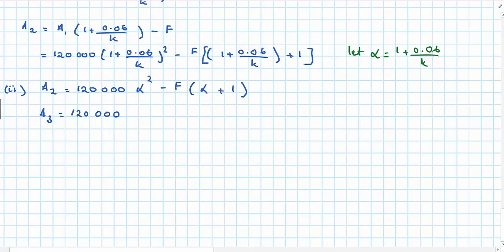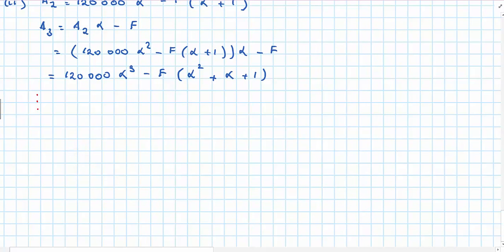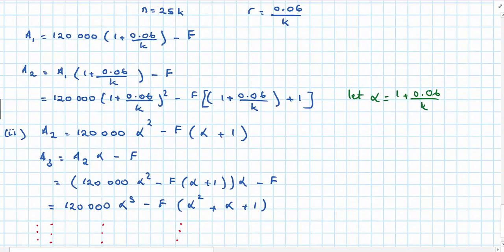Actually, we need to do the working out, so that's going to be A2 times alpha minus F, which is, substituting for A2, expanding the brackets and refactorizing, and then generalizing. And now where are we up to? It would be, how many years did we have? 25.